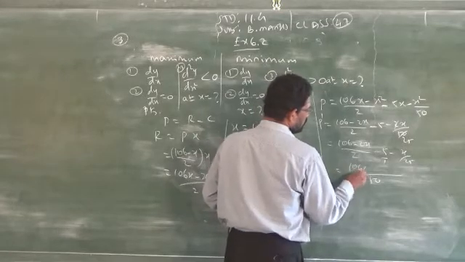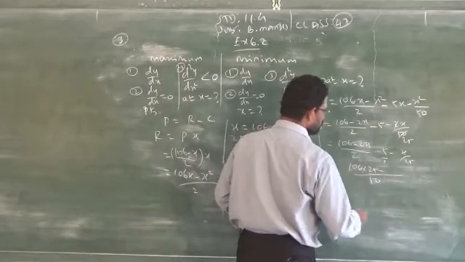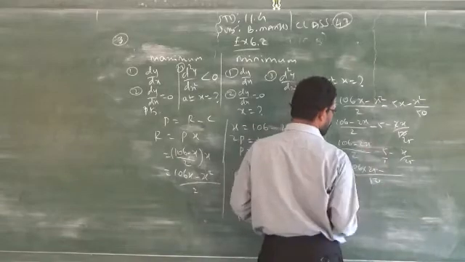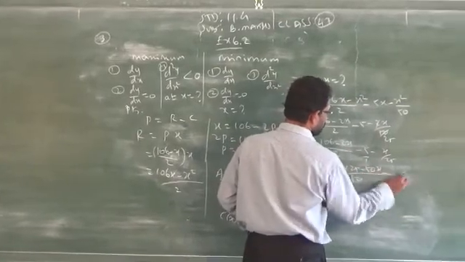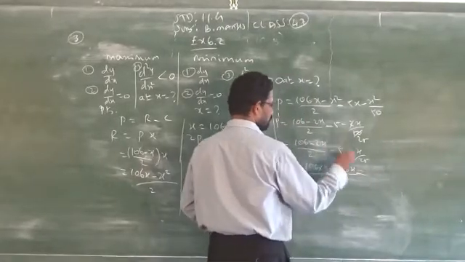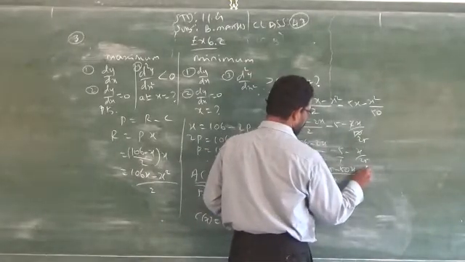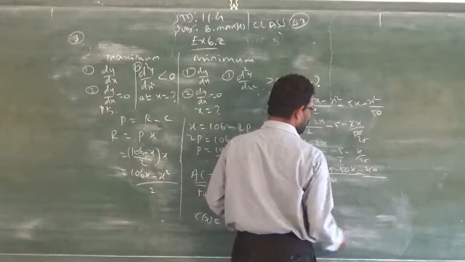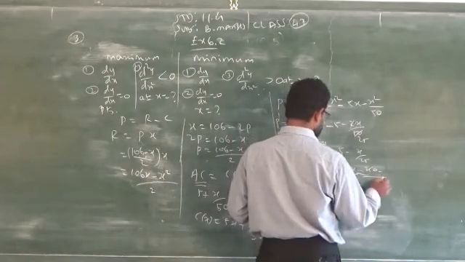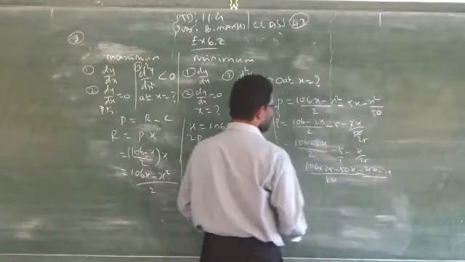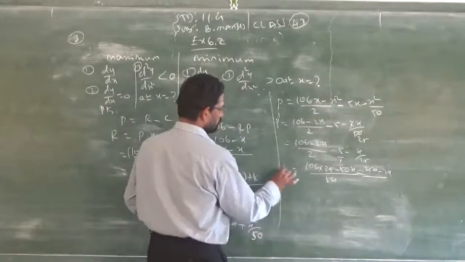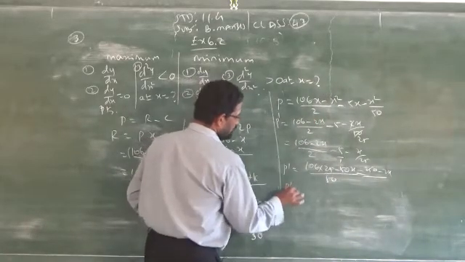So 106 into 25 minus 50x minus 5 into 50, that is 250 minus 2x. Clear? So just you have to simplify that p dash, then p dash is equal to 0.